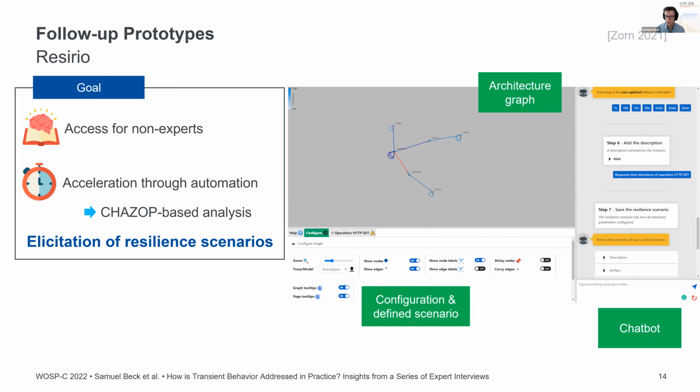It also shows an architecture graph to give an overview of the system and the outcome of the hazard analysis. And it sports a management component where you can see the configuration of the tool and also the defined scenarios after you have created them.